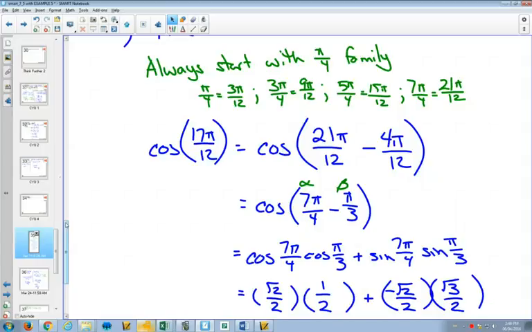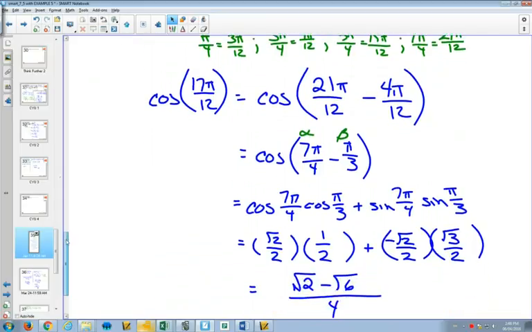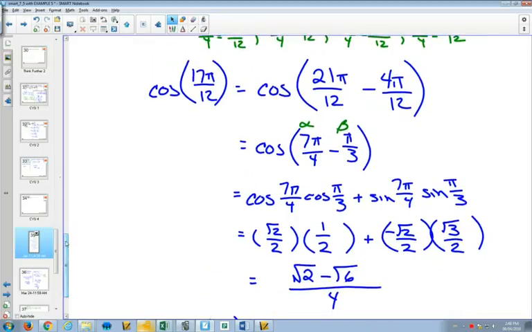So on our pi plate, well, for cos, that's positive. But for sine of 7 pi over 4, that's negative. Multiplying it all out, and sure enough, we get a root 2, a root 6, and a 4 again, but this time there's a minus sign in between.